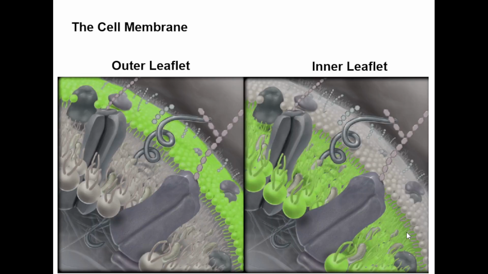So here is another image just to further drive the point, no? So the cell membrane is made up of two layers of phospholipid. That's the outer leaflet and the inner leaflet. So the outer leaflet has the phosphate end on top and the fatty acid chain at the bottom, while the inner leaflet has the phosphate head below and the fatty acid chain pointing upwards.